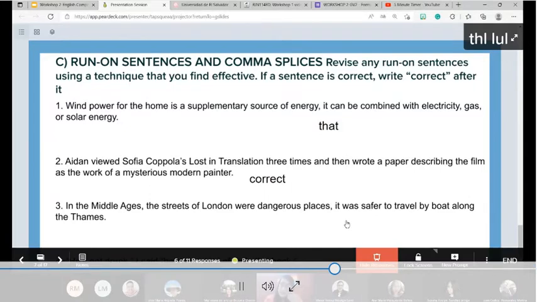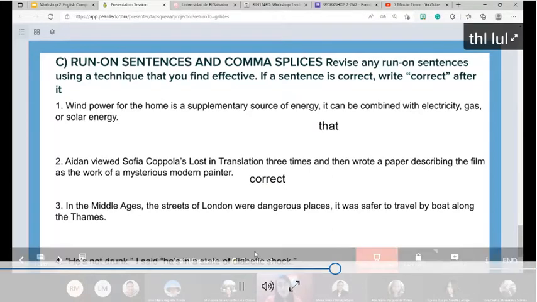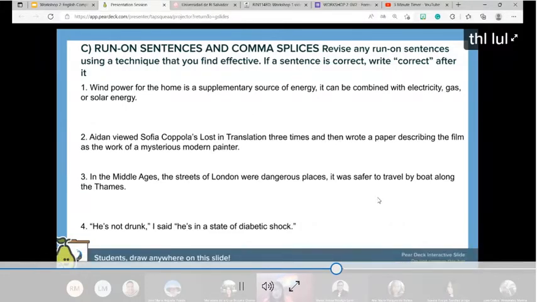What about number 3? In the Middle Ages, the streets of London were dangerous places. It was safer to travel by boat along the Thames. That is a famous river in England. What do you think we have there?